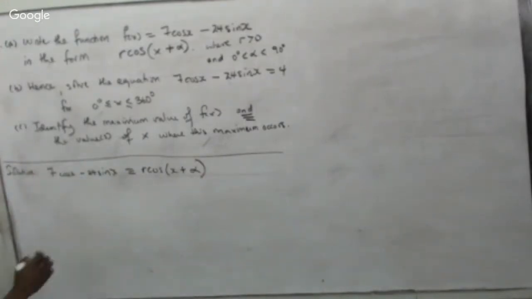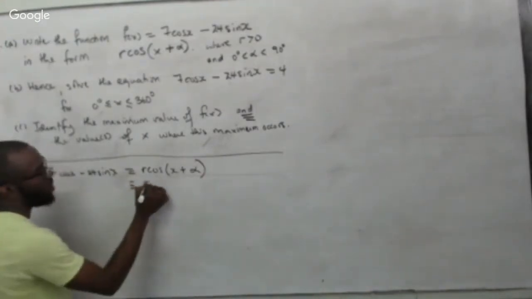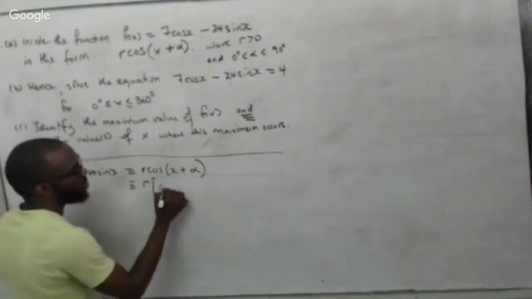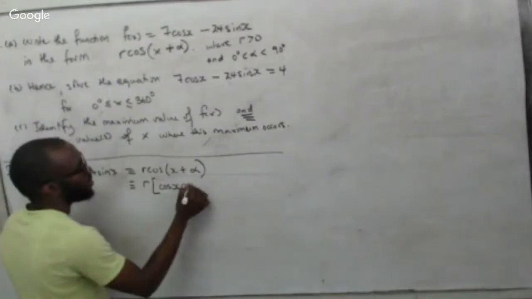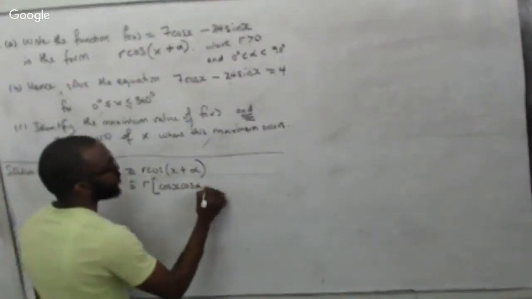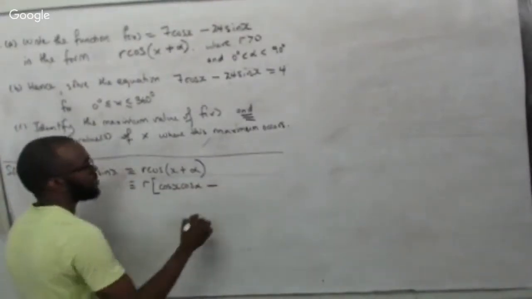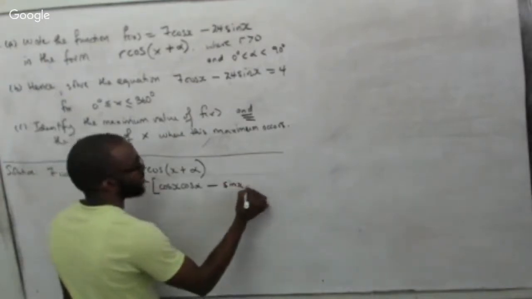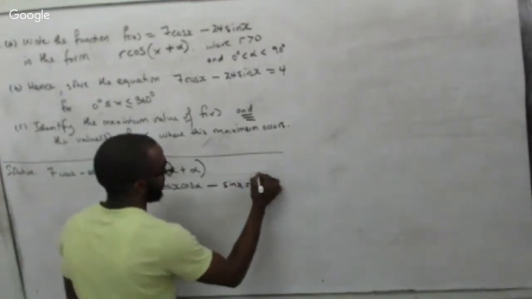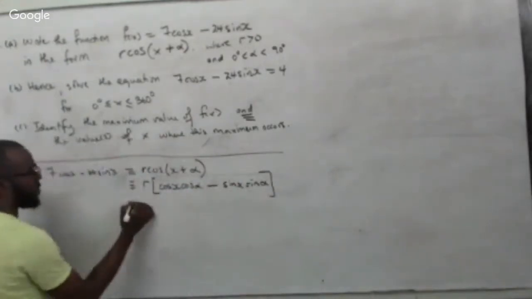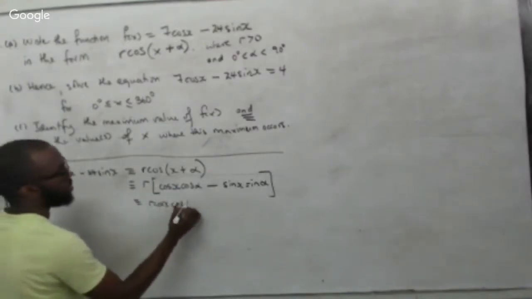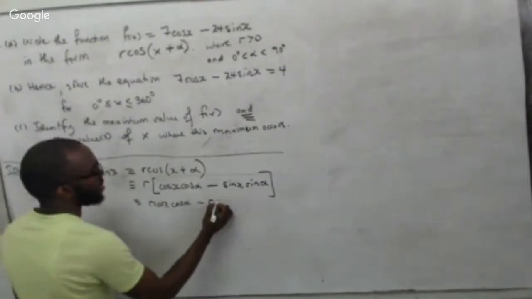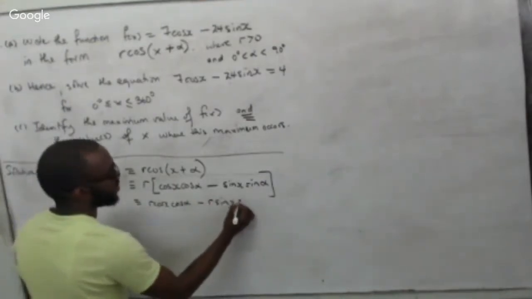Having done that, I need to expand R in brackets. Cosine of a sum starts with cosine x cosine alpha, and the sign changes from plus to minus: sine x sine alpha. Continue expanding: R cosine x cosine alpha minus R sine x sine alpha.